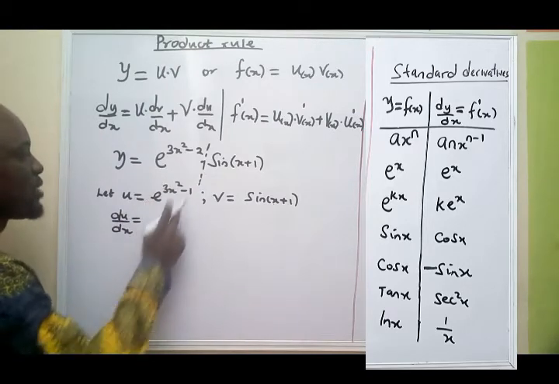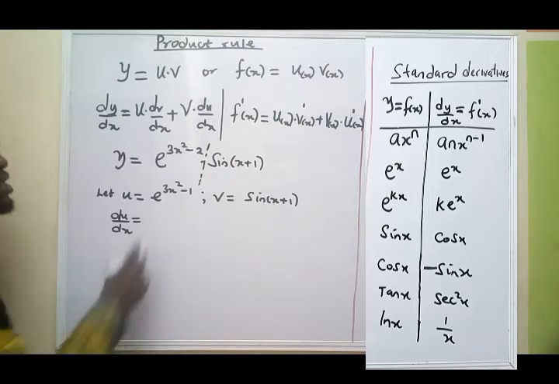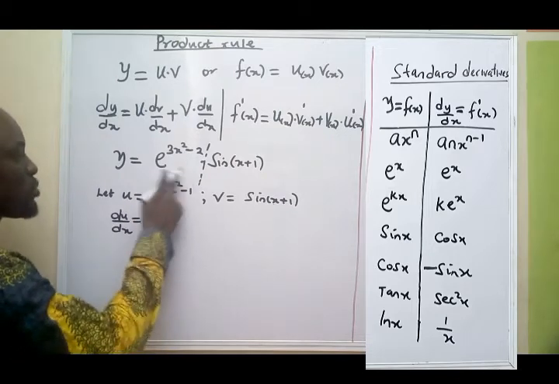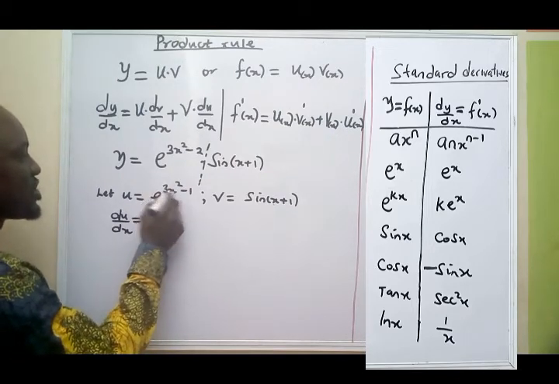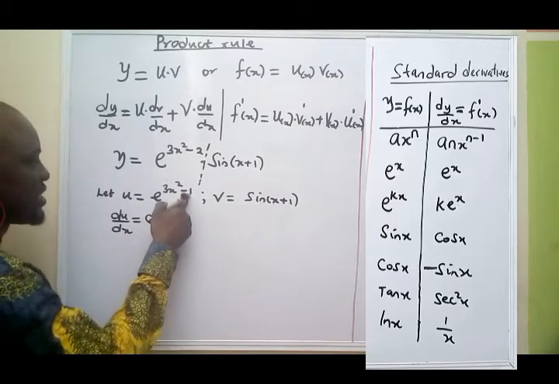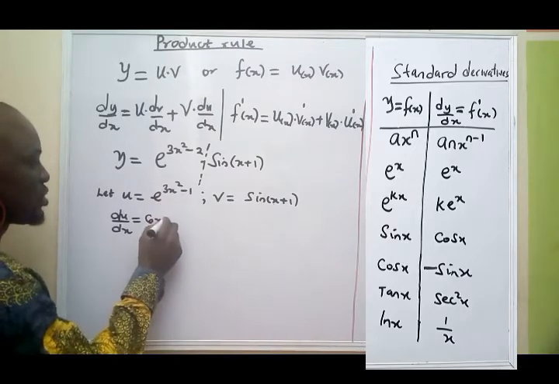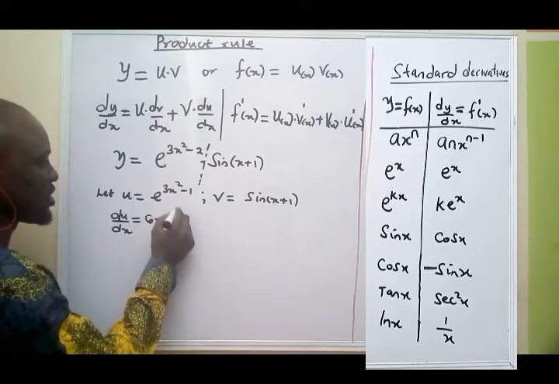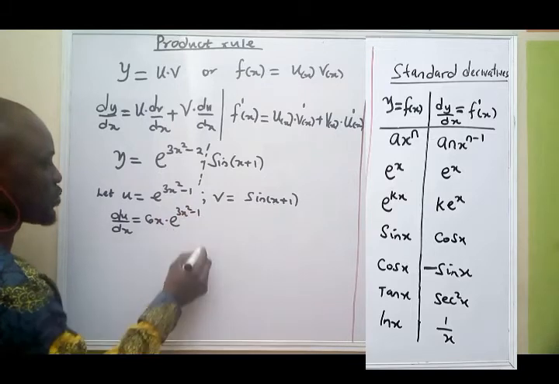Exponential 3x squared minus 1 is a function of 3x squared minus 1, so I'm going to differentiate this. The derivative of 3x squared will give me 6x, the derivative of a constant is 0, dot exponential 3x squared minus 1.